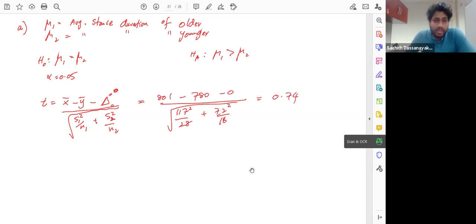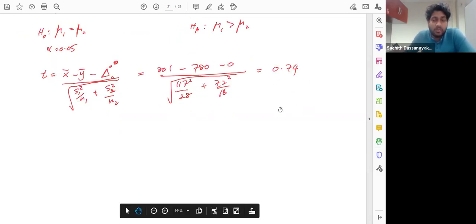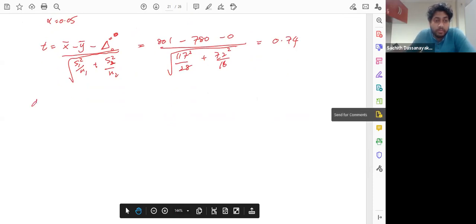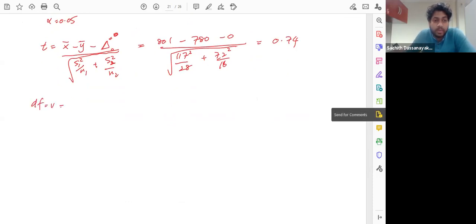Now the question is, if you need to find this value from the t table, you need the degree of freedom, let's say v. To do that, you cannot simply take it as n minus 1 or n1 plus n2 minus 2. No, this is not true.